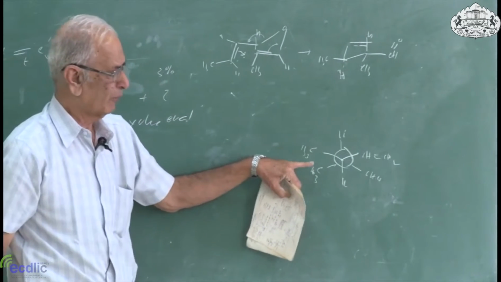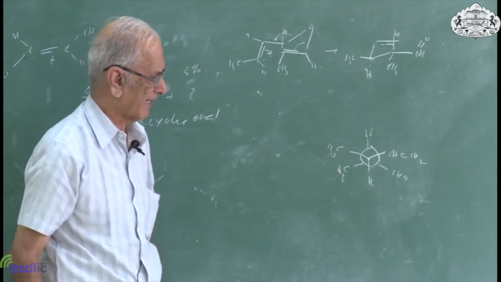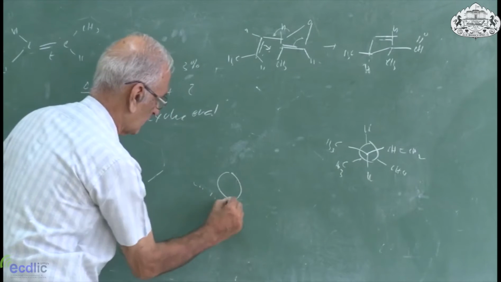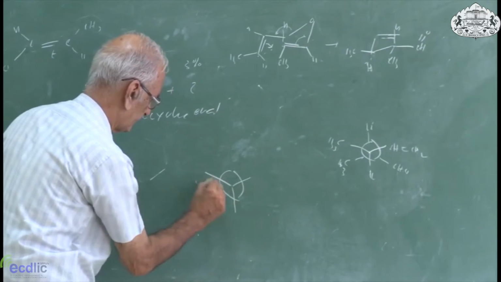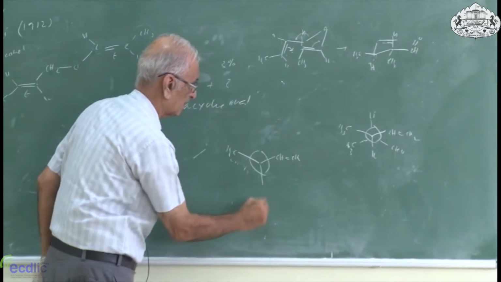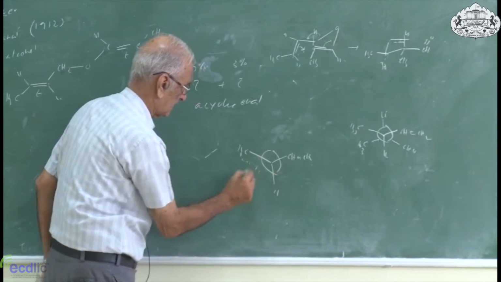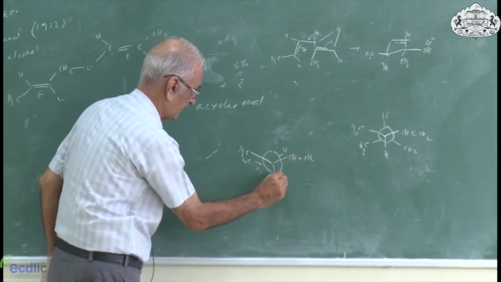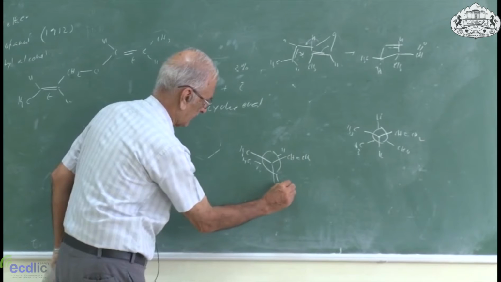Now I am going to bring both the methyl groups on the same side. When I bring both the methyl groups on the same side, methyl group here, hydrogen here, aldehyde here.